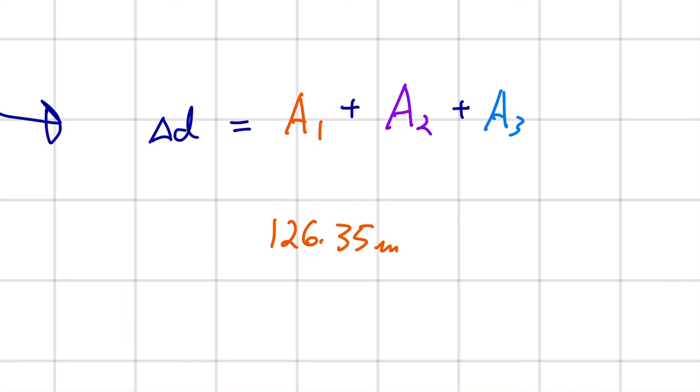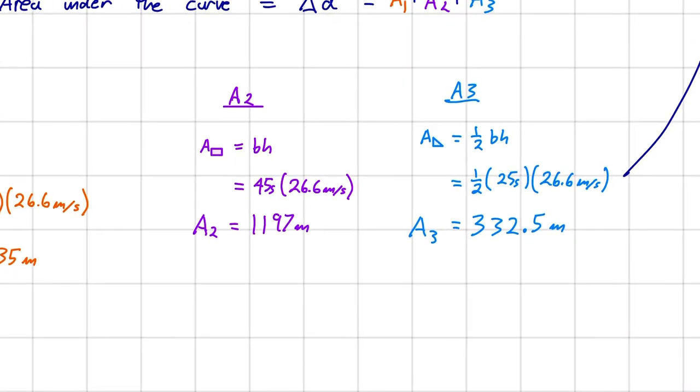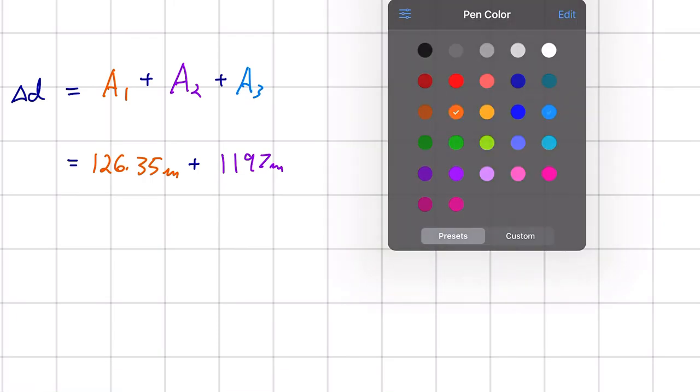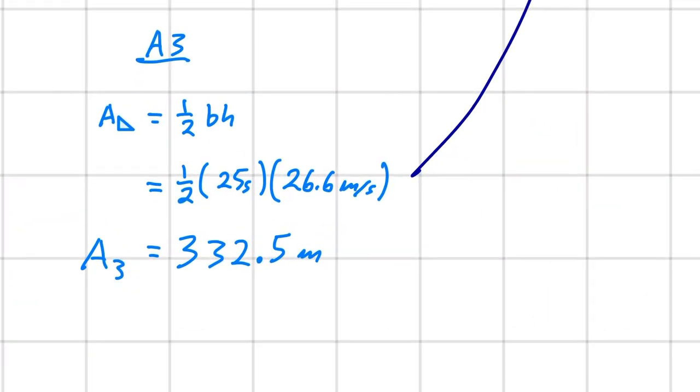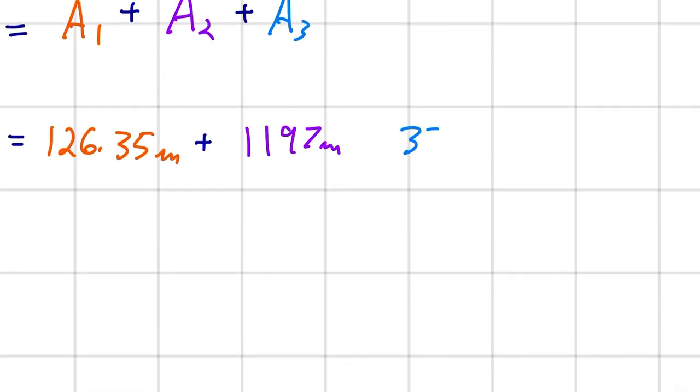And A2, we had 1,197 meters. And finally, the value for A3 was 332.5 meters.